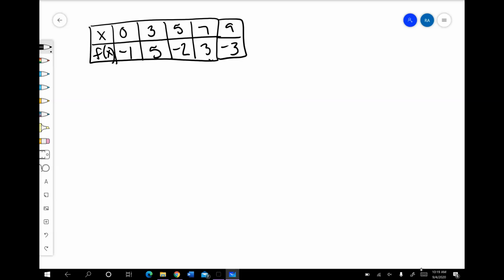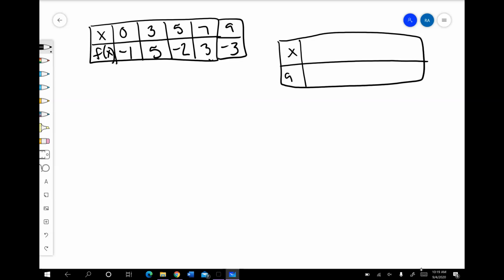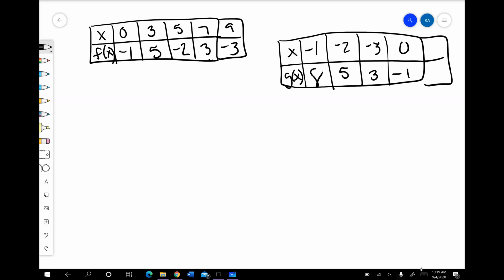And then your second table is going to be g of x. Sorry, my handwriting's so bad right now. All right, here we go.